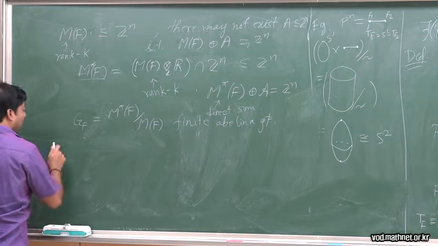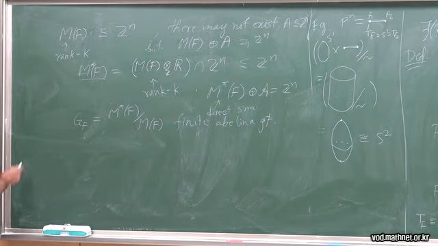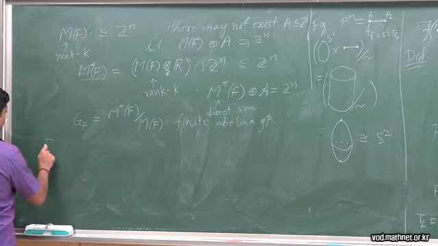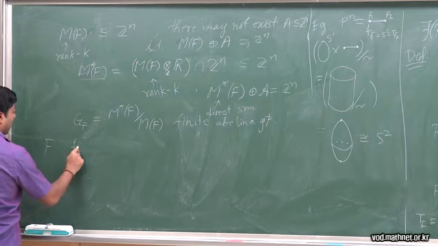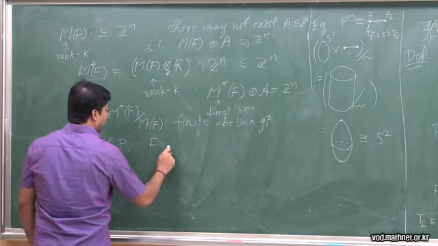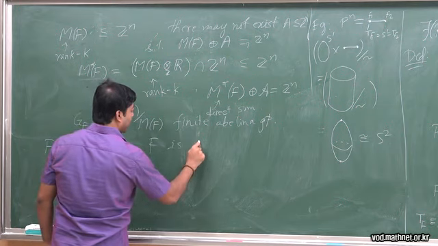Right? Okay, now consider a vertex V. Before that, I will just say, since F is a face of P, F is also a simple polytope.